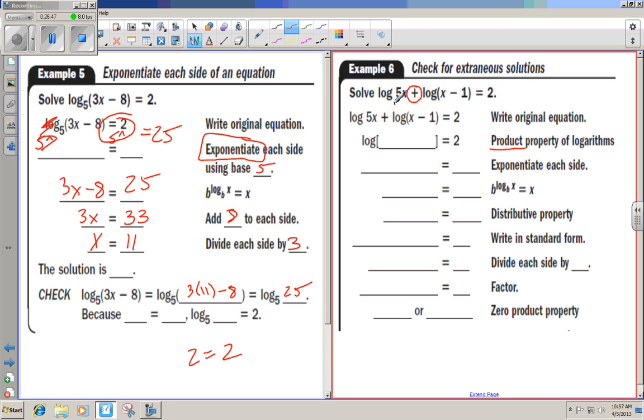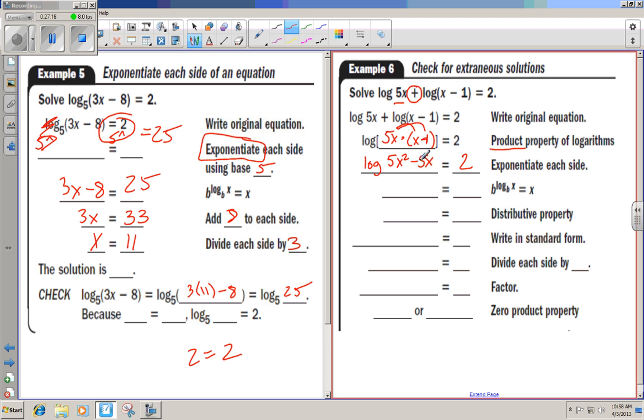That means you take the first log, the 5x, and you multiply it by the second, which is x minus 1. So let's distribute here. 5x times x is 5x squared. You're multiplying 5x times minus 1, minus 5x, equals 2.